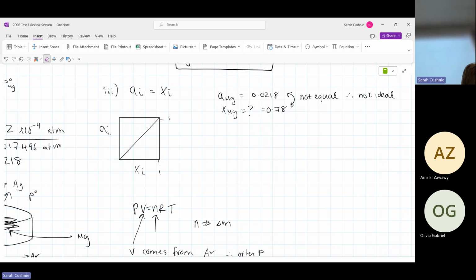Another way that we could think about it, instead of saying a_i is equal to x_i, is to say that P_i is equal to x_i P_i not, which is true for an ideal case.